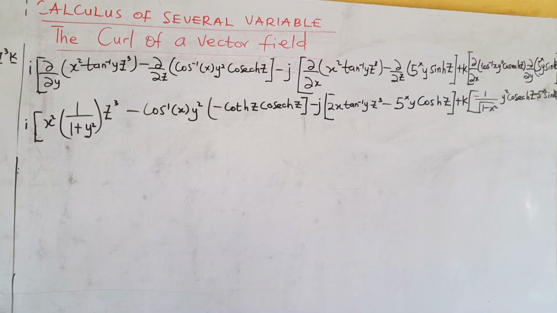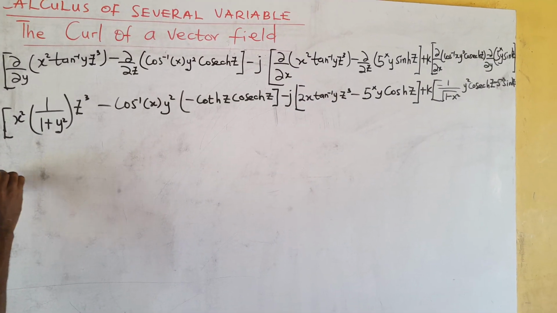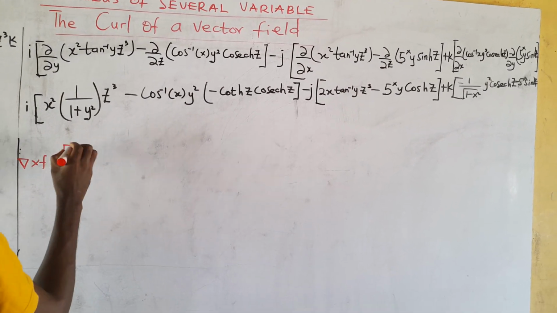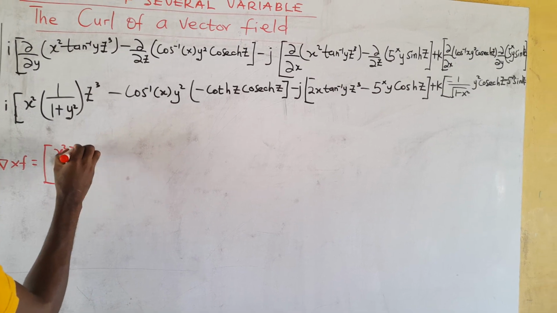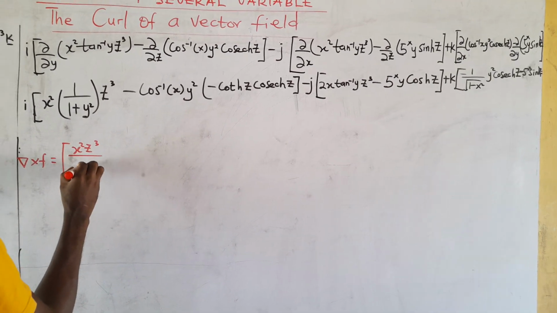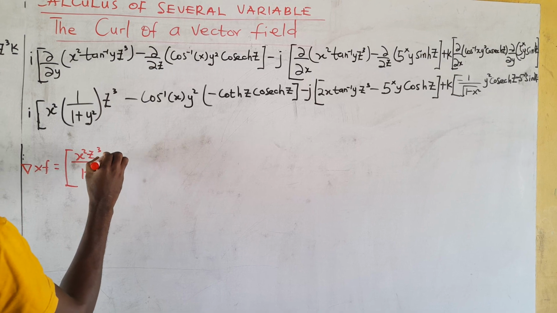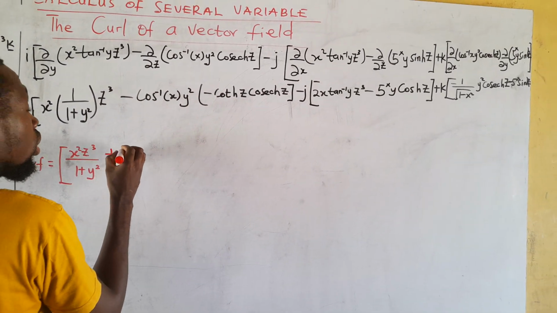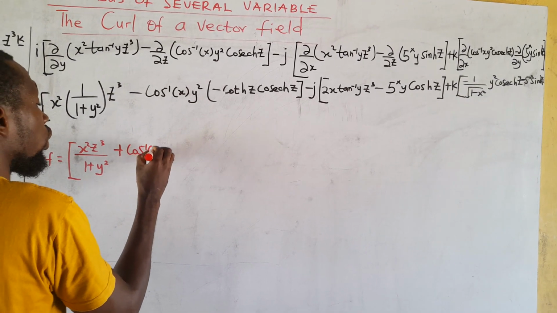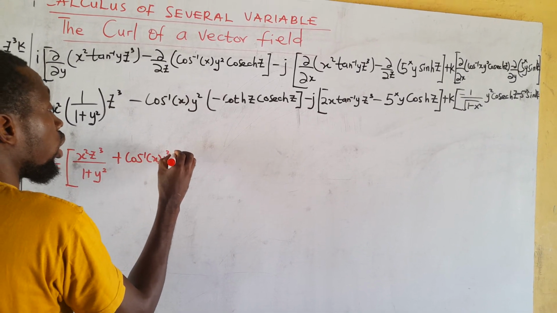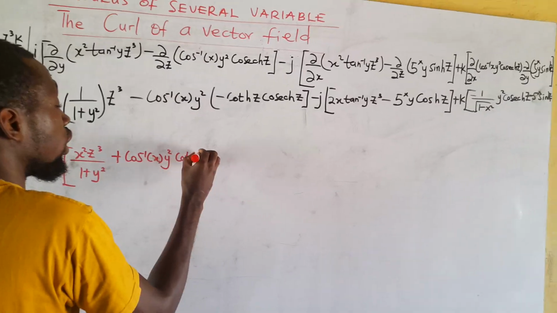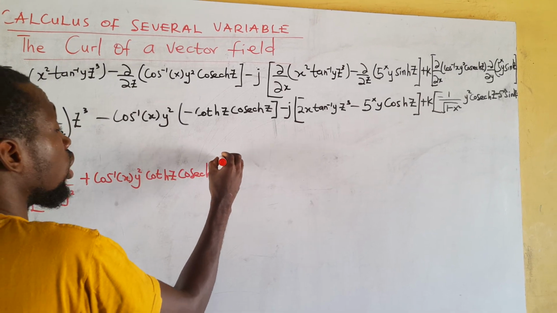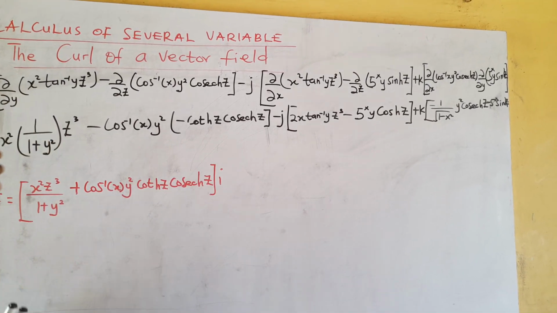So when we polish this very well, we can say that del cross f is equal to x squared z cubed all over 1 plus y squared. And because of this negative, it will be plus, so plus cos inverse of x y squared cot z cosec z, and all this in the i direction.